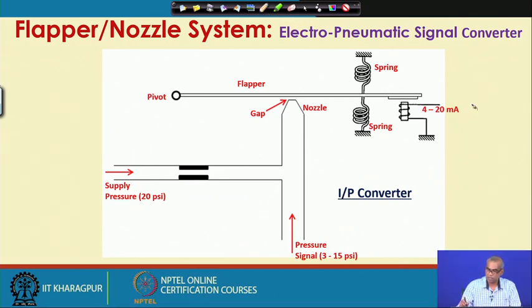I send a 4 to 20 milliampere current, which is coming from an electrical controller, let us say, and let us send it through, let us say, a soft iron core. So, when this current passes through this, it behaves like a magnet. So, it will attract the flapper towards it.